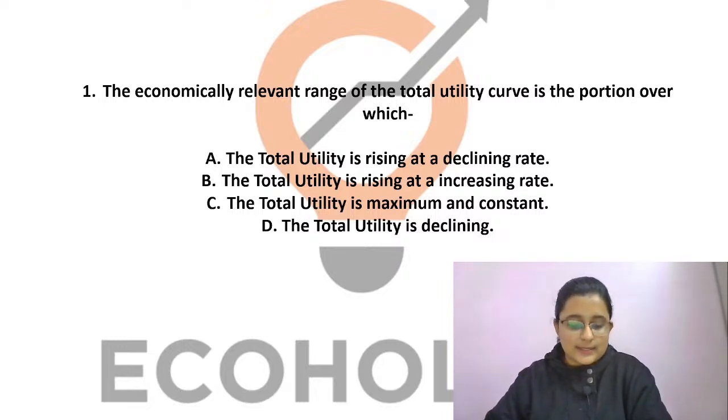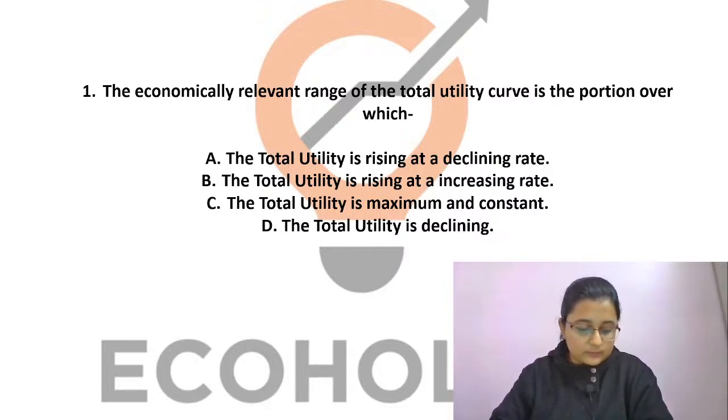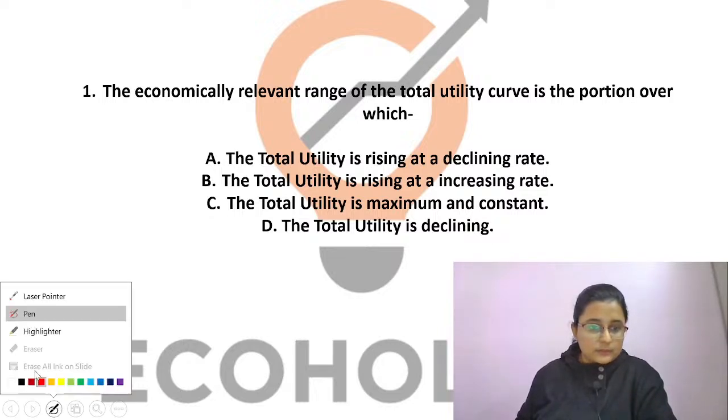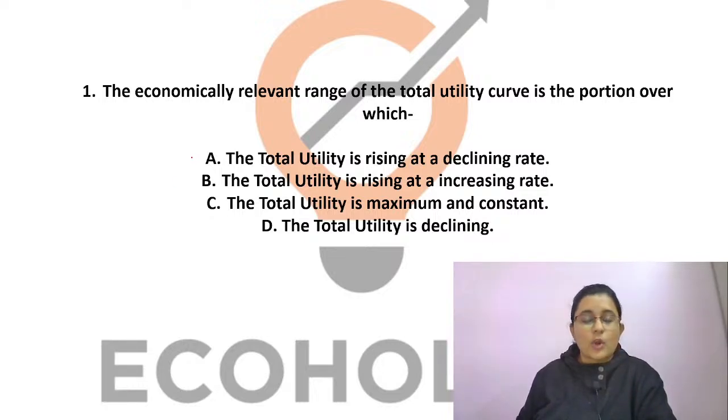What should be the right answer? The right answer for this question would be option A. The total utility is actually rising at a declining rate.